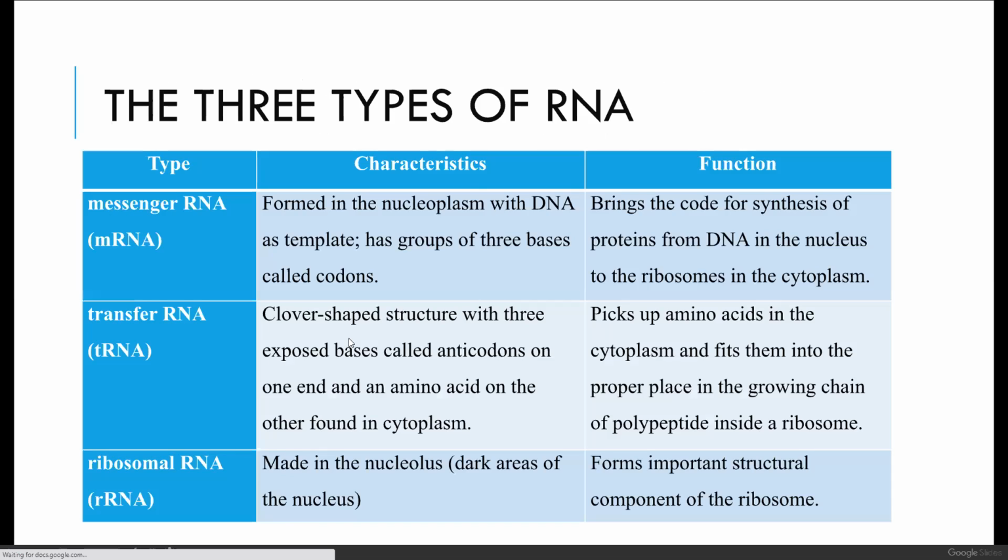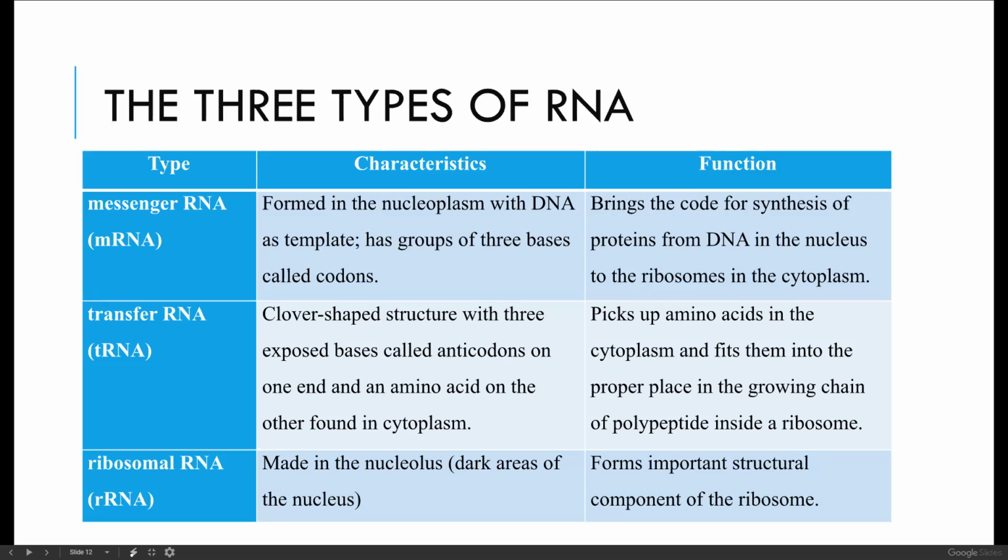These are the three types of RNA. The messenger RNA is formed in the nucleoplasm, that's inside the nucleus, the dark area in the nucleus, with the DNA as template and as groups of three bases called codons, still the same with the DNA.